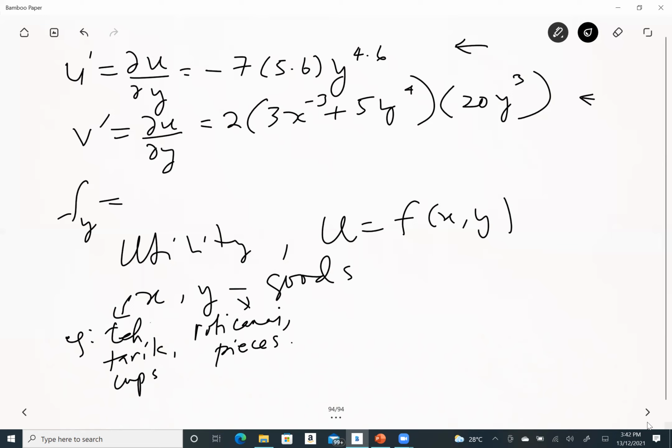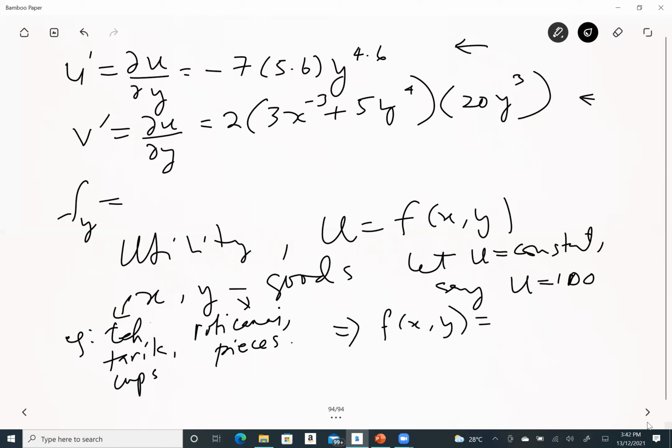Okay, and then you want to draw this utility function on X, Y. We will let U be constant. If you let U be constant, say U equal to 100, 100 units of satisfaction, then what do I have? I have f of x,y equal to 100. This f of x,y is some form of x and y.